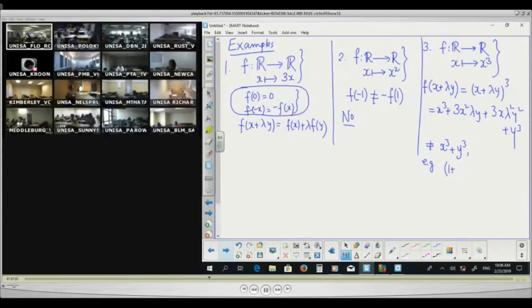So, for instance, for example, 1 plus lambda cubed is not equal to 1 plus lambda cubed.